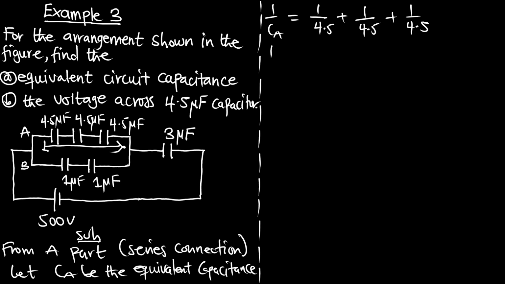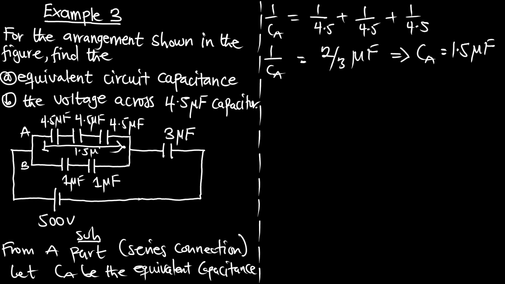This is going to give us 1 on CA equal to 2 on 3 microfarad, and it implies that our CA is going to be 3 on 2, which is 1.5 microfarad. So meaning the total capacitance across the A part is 1.5 microfarad for the three 4.5 capacitors.